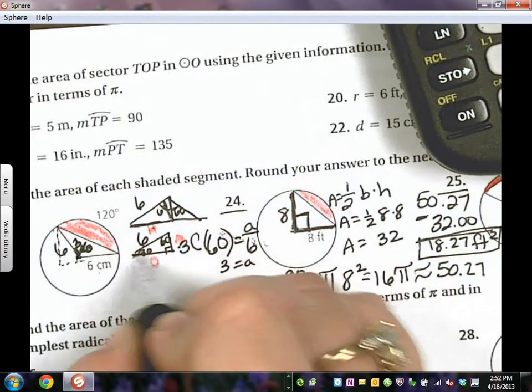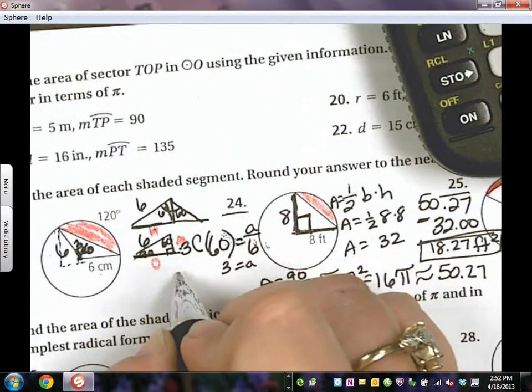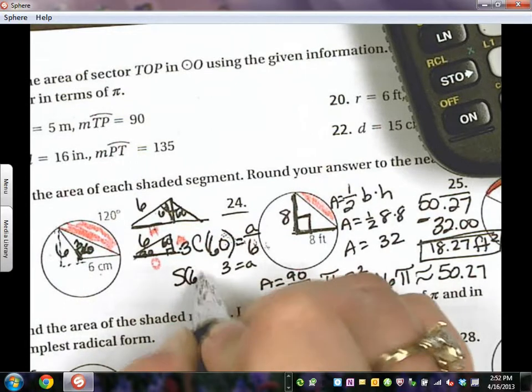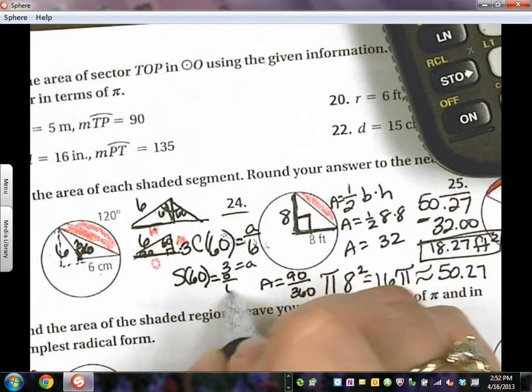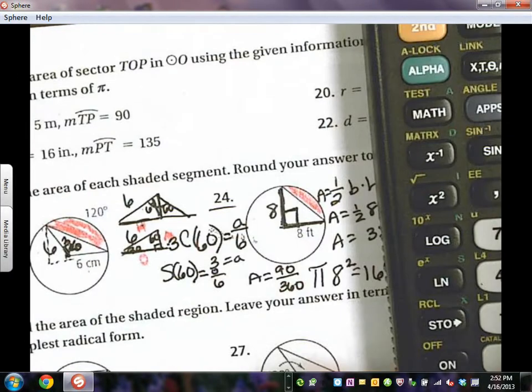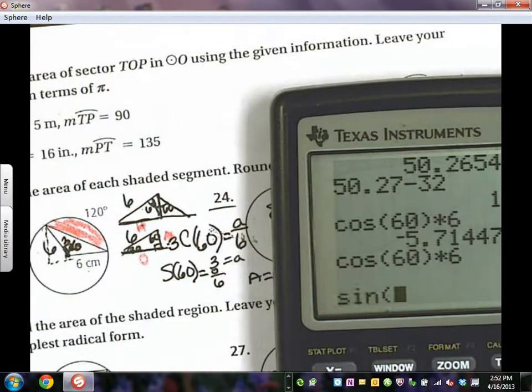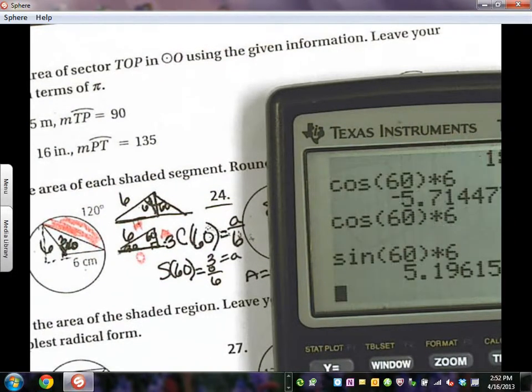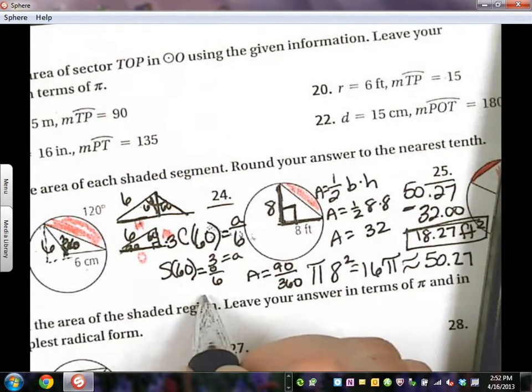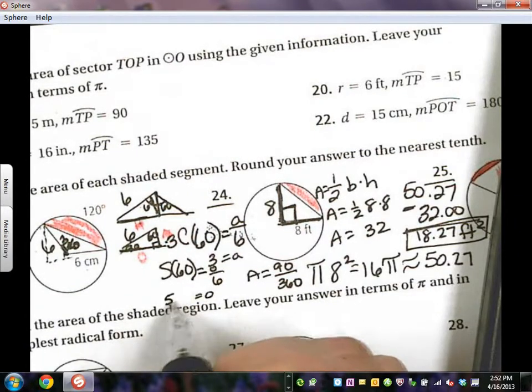Well, the base is the O. So now I'm going to use the sine of 60 equals O over 6. Put that in. Sine of 60 times 6, because I'm cross multiplying, gives me the O is equal to 5.196.